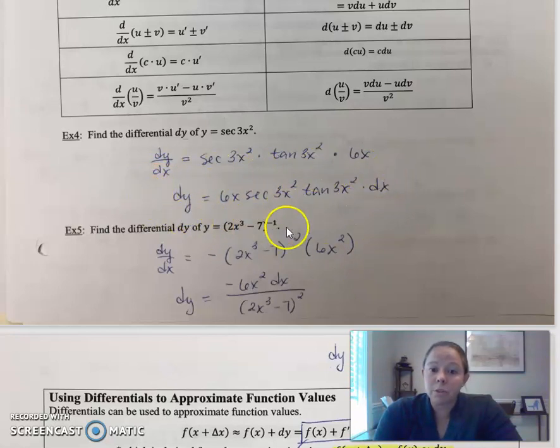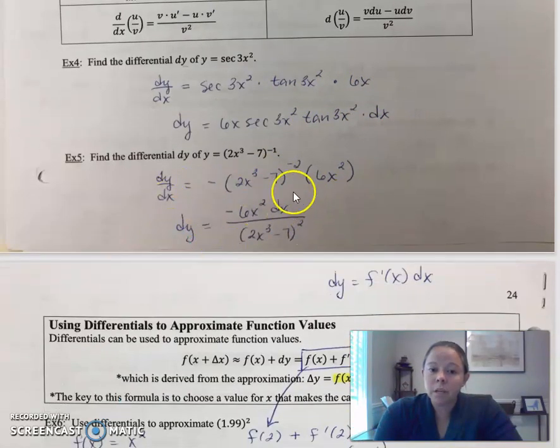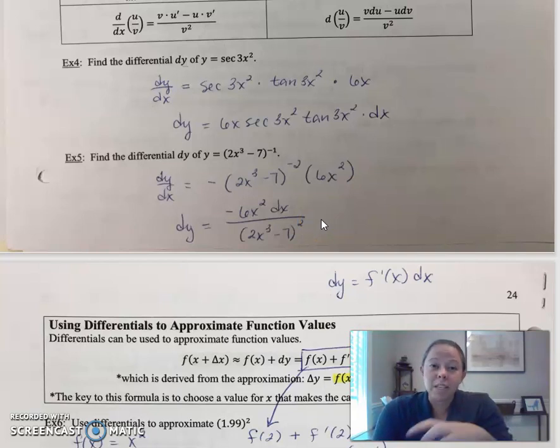Now it's in differential form. The same thing here. You can write the dx in the numerator, or you can write it off to the side. But just realize it's multiplied and always in the numerator. dx should never end up in the denominator or inside parentheses or under a radical.